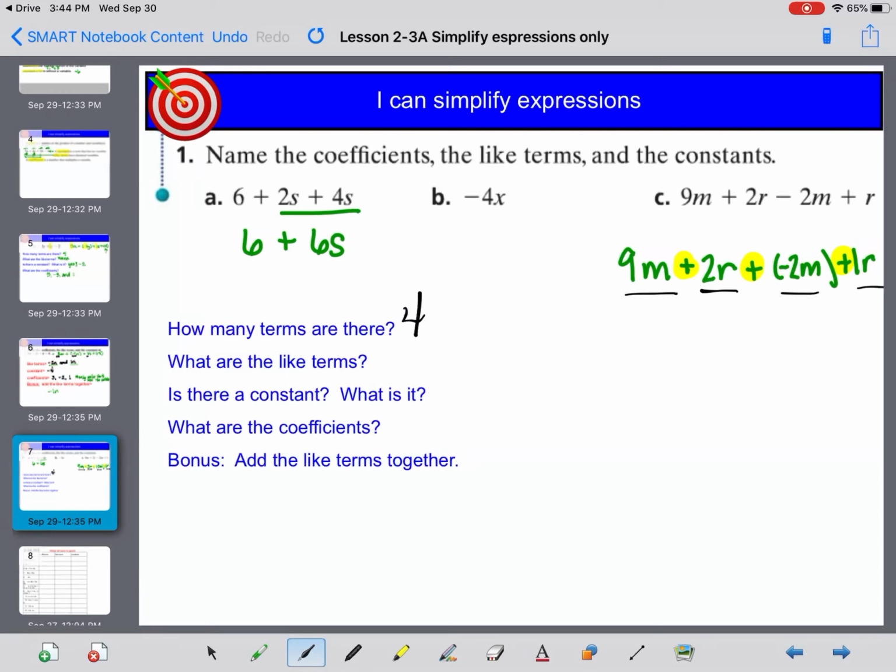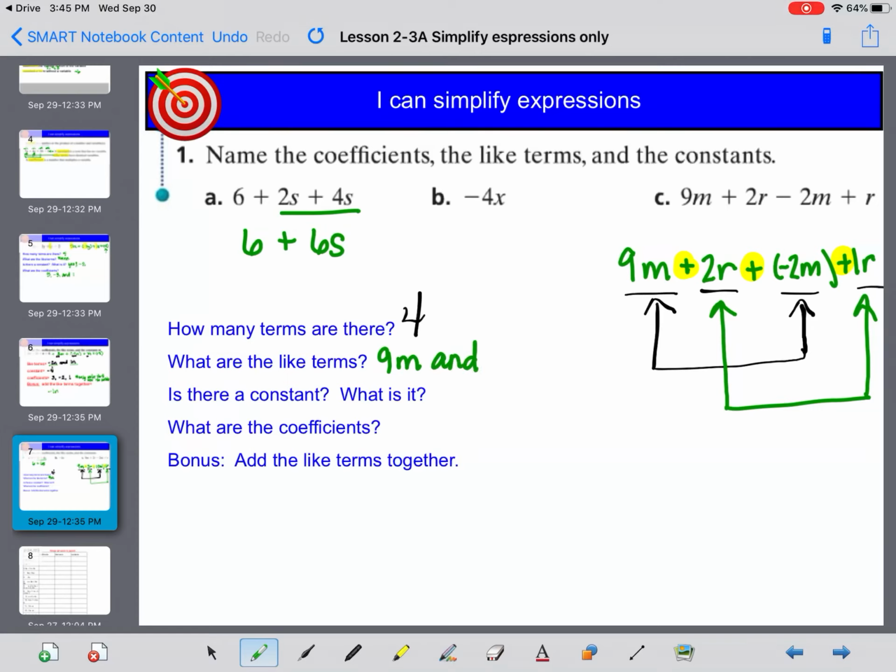What are my like terms? My like terms have the same variable. So these 2 are like terms, but I'm not done there because I also see that I've got like terms right here. So I actually have 2 sets of like terms. So let's write both down. I've got 9m and negative 2m.